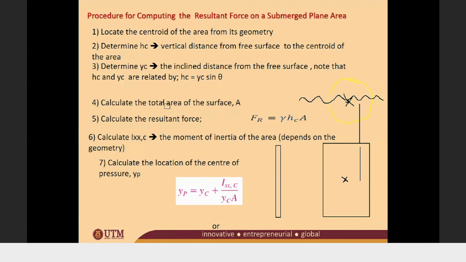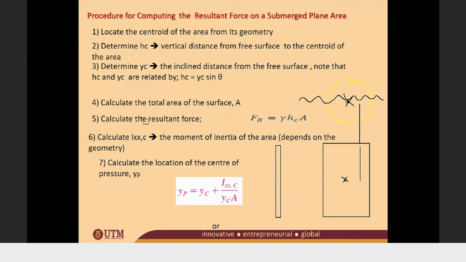So the fourth is calculate the area of the surface A, and calculate the FR. So FR equals gamma HC A. The atmospheric pressure is cancelled out, because the atmosphere acts on this side and on this side.